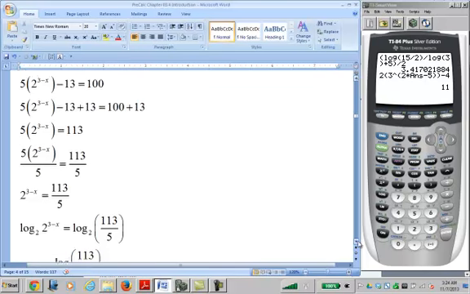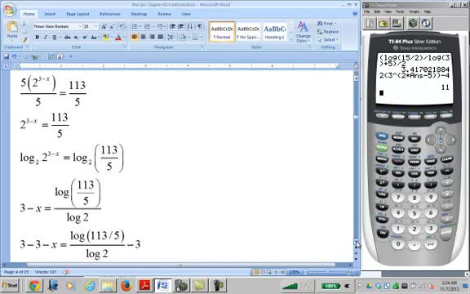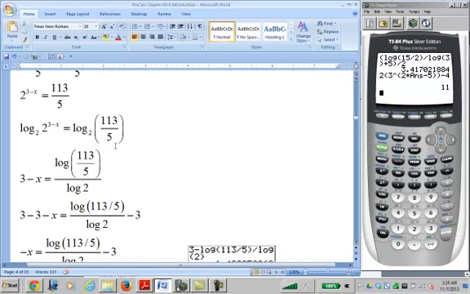Then take the log of both sides. That is, make 2 to the 3 minus x and 113 over 5 both of them products of logs of base 2, since we have a 2 here. And so we get log base 2 of product 2 raised to the 3 minus x equals 3 minus x. On the right side, we use a change of base formula, since we don't have a log base 2 in our calculator, although some of you may.